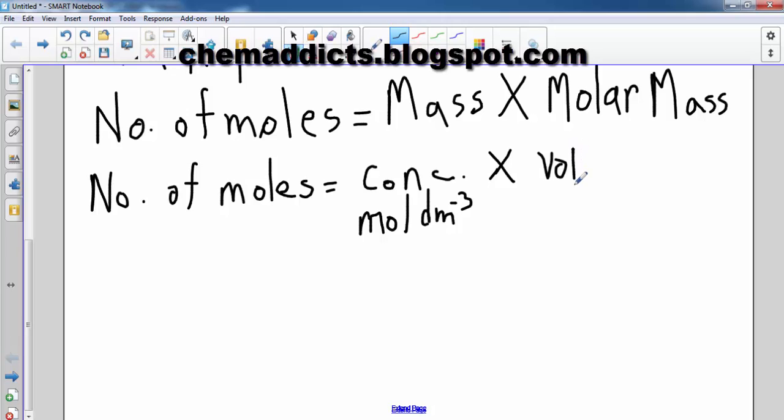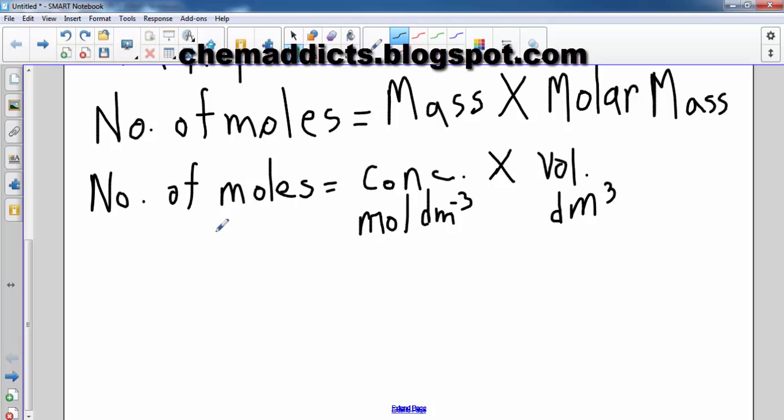This shouldn't be in cm cube; the standard unit is dm cube. Since dm cube is in the numerator and dm cube is in the denominator, they cancel out to give the number of moles. So I hope that you have understood how the unit mole comes.